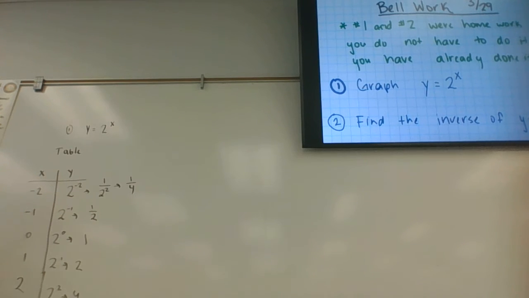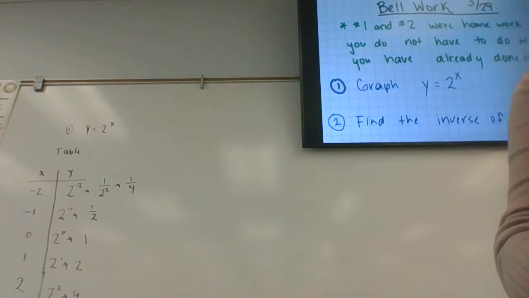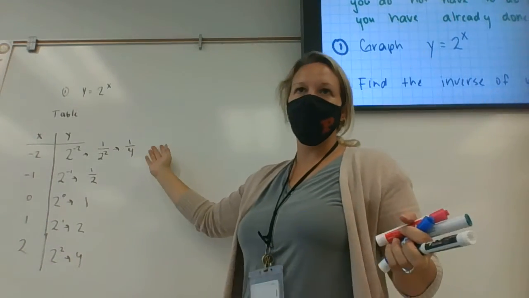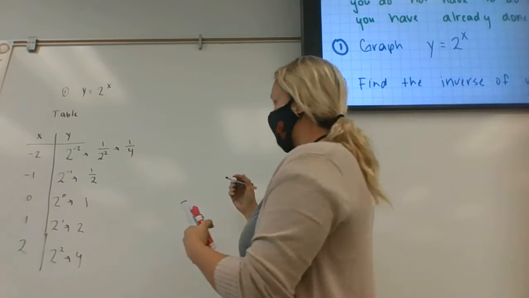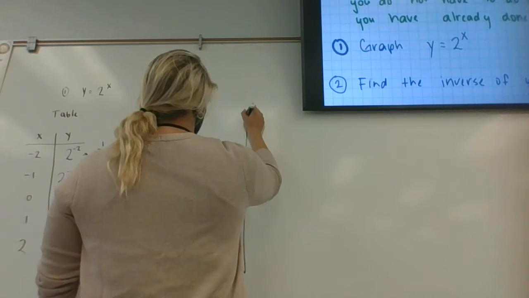Okay, and we talked about, when we originally graphed this for the first time, how the y values will never come out negative, and they'll never equal 0 perfectly either. And this is when I introduced the idea of an asymptote.